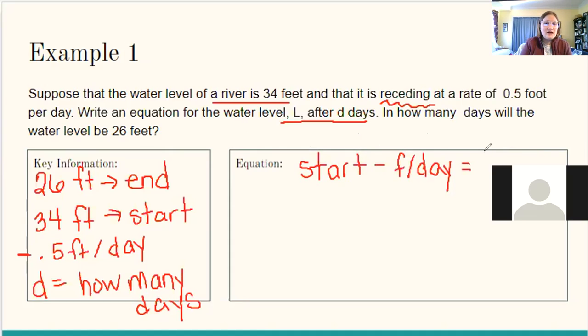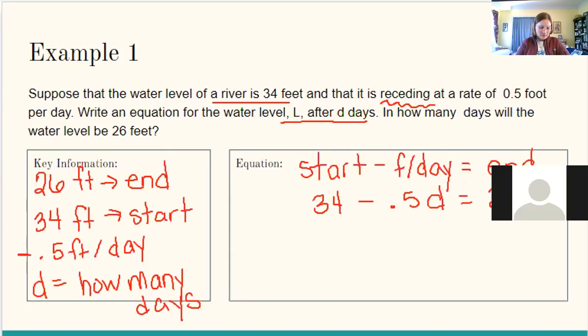And then it's going to stop at the ending point, right? We're starting at 34. We're going down 0.5 feet per day. Well, we don't know how many days it's going to take, so that's our D. And we'll know we're done when we are at 26. There's our equation.